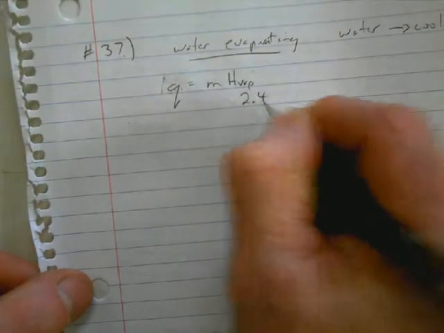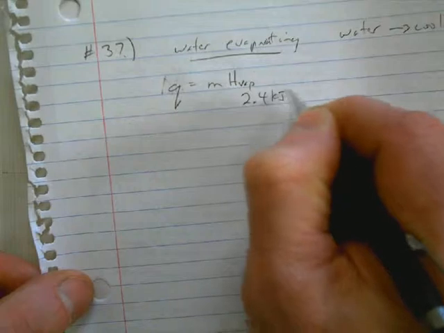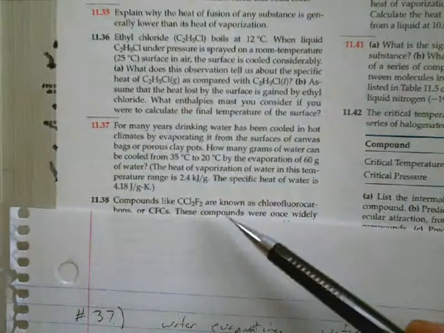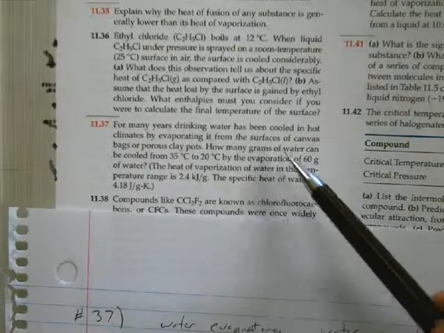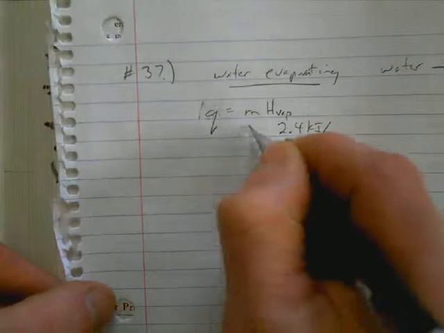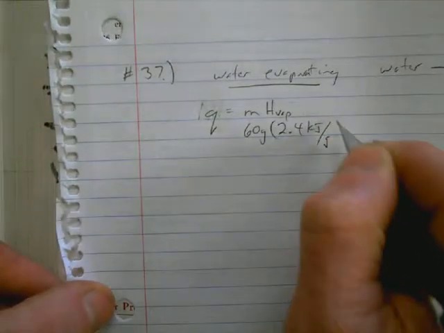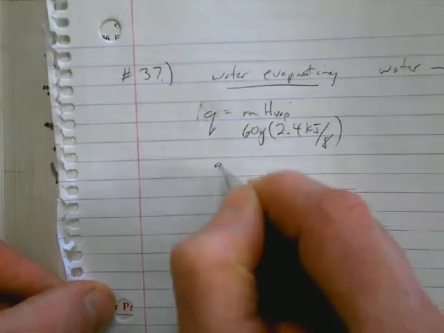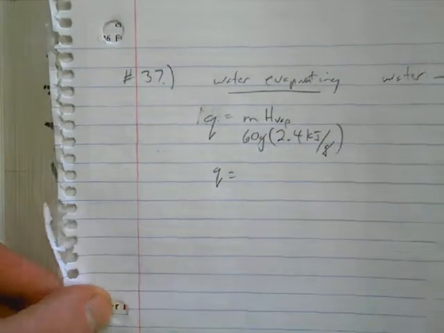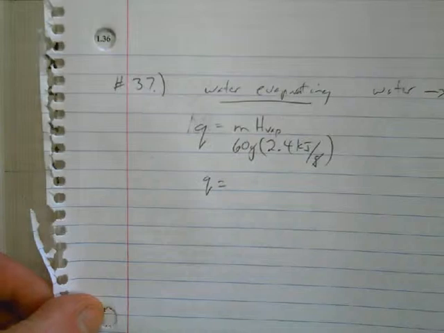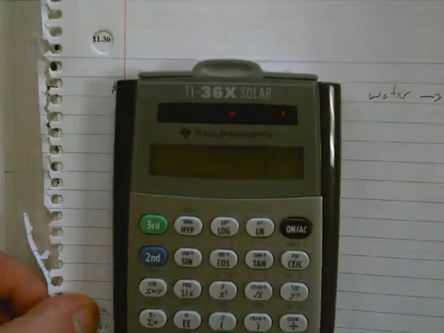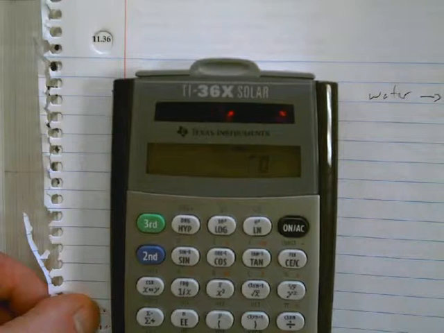The mass of the water that's evaporating is 60 grams. 60 grams of your water is evaporating, so that becomes 60 grams. You can see then that the grams are going to cancel, and so we get that the amount of energy from the water evaporating, how much energy it has to take away, is 60 times 2.4, 144.